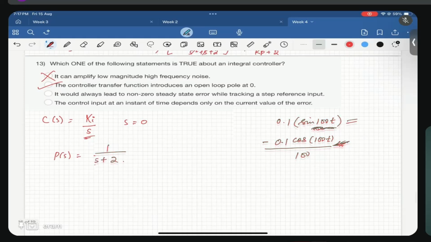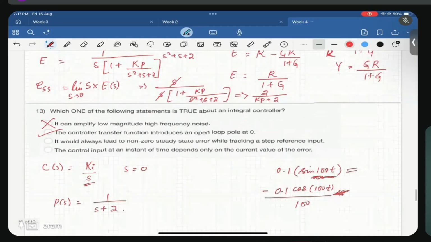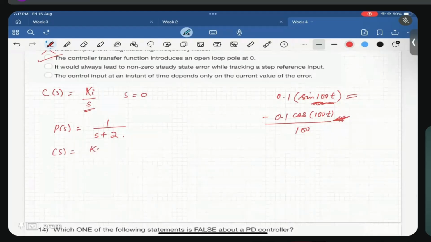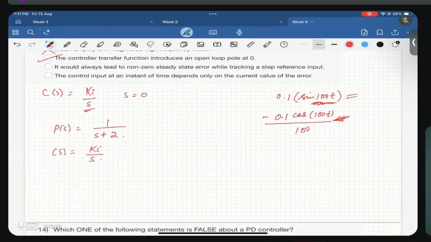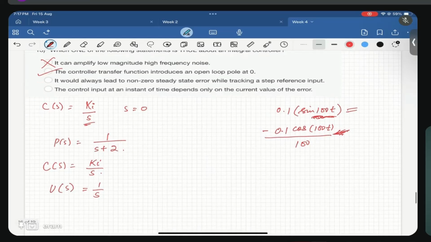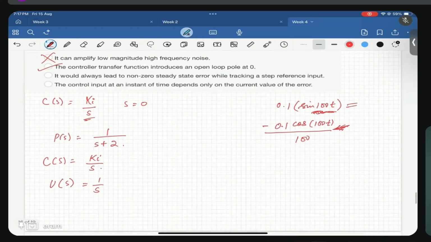Then what will be C(s)? It will be ki by s, right? And R(s) we are given as a step input. Now can you find out the closed loop transfer function for this one?